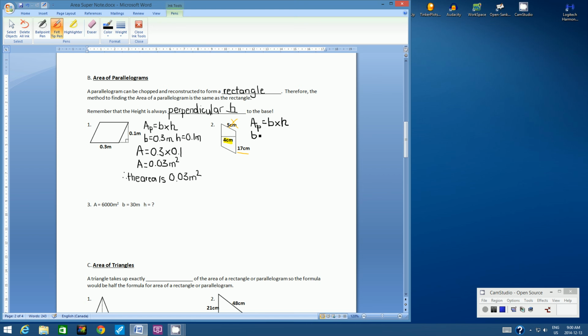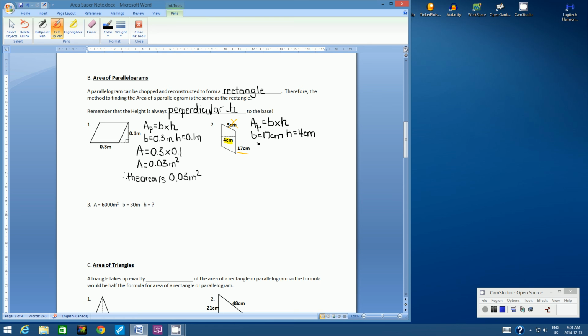Well, we've just determined that our base is 17 centimeters. Our height is 4 centimeters. Now in this case, the height has to be 4 centimeters because that measurement was inside the parallelogram. If it's inside the parallelogram, it can't really be the base, can it?